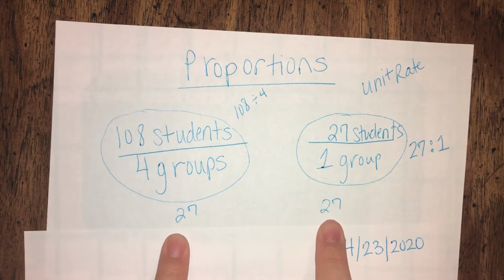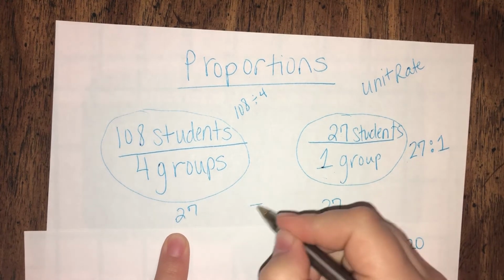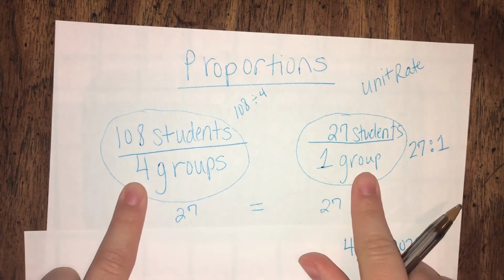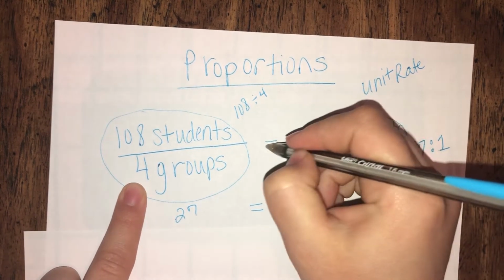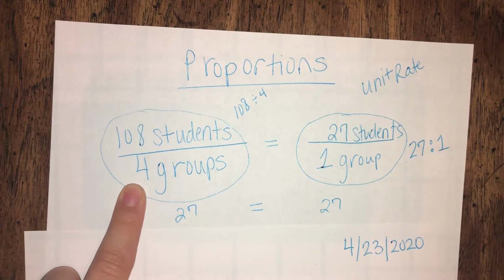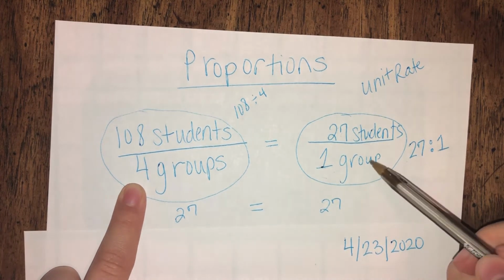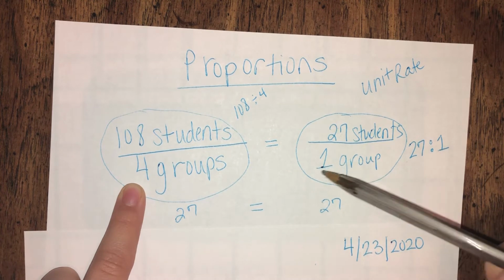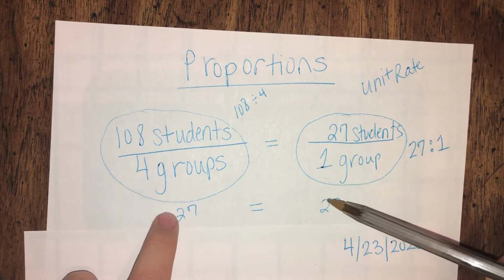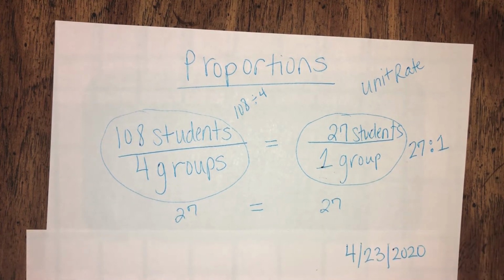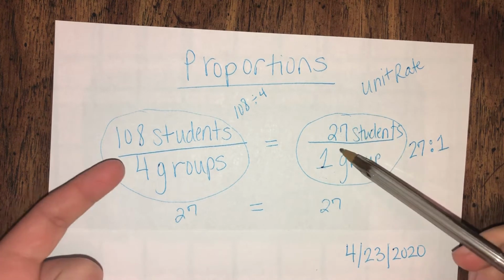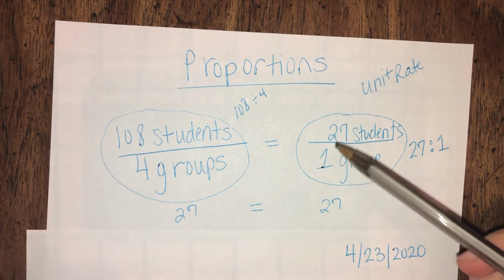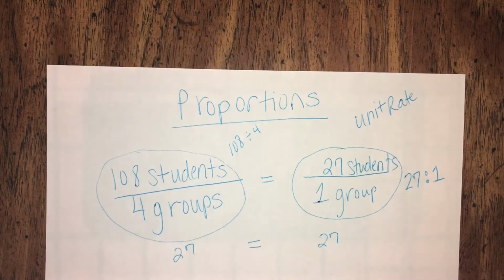Is 27 equal to 27? Yes, it is. Then what does that mean about the fractions? They are also equal. So a proportion is telling us that even though the fractions may not look identical when we first glance at them, their makeup, how they are related, is actually considered to be equal as well. And that's what we're going to try to focus in on.